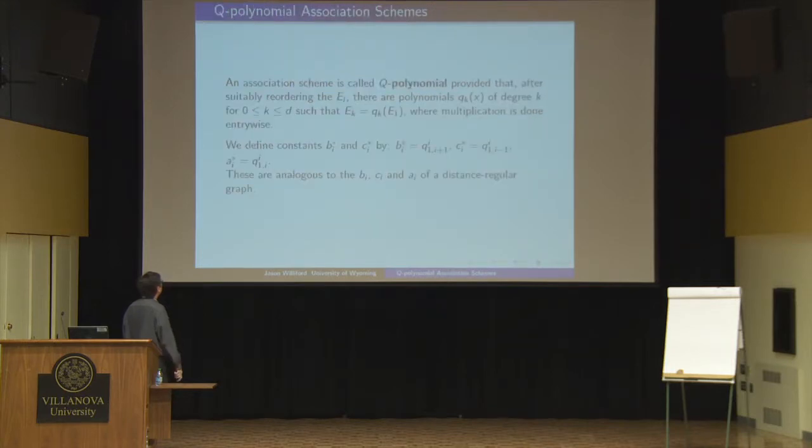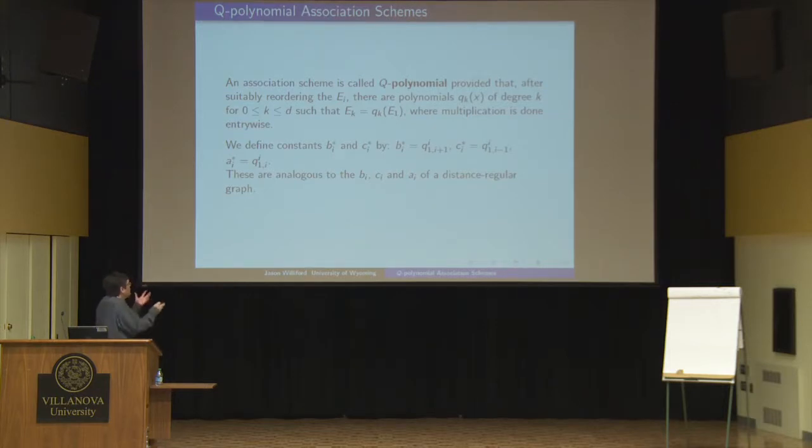Okay, so now looking at Q-polynomial association schemes. How do we handle imprimitivity there? Okay, well, you can define these constants b_i star and c_i star, and they're basically completely analogous with the p_ij^k. You're just using Krein parameters. And similarly, you have these a_i stars, though really everything's determined by these guys right here.